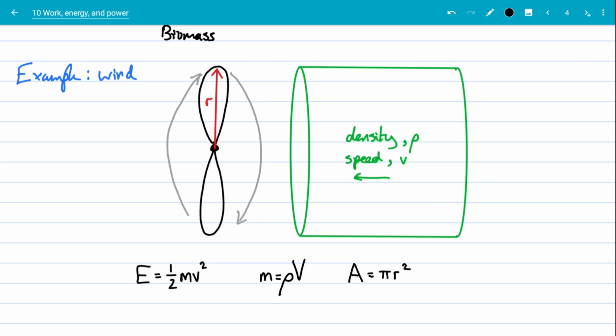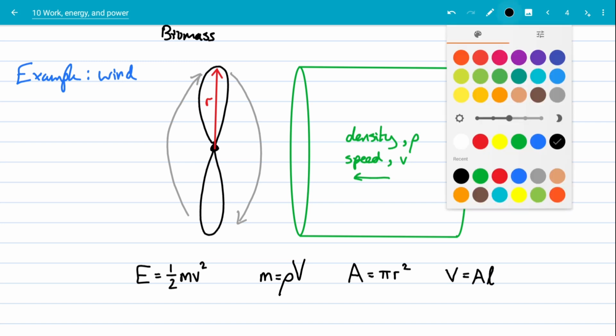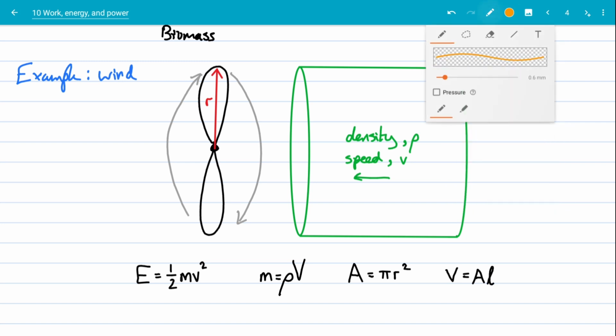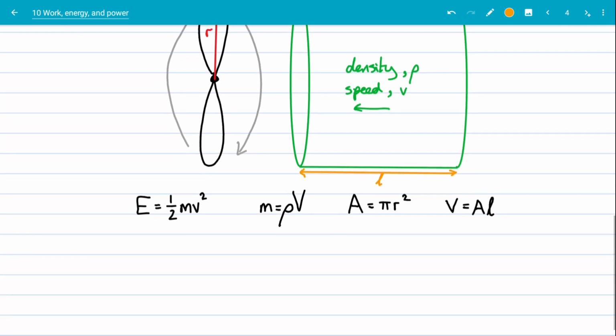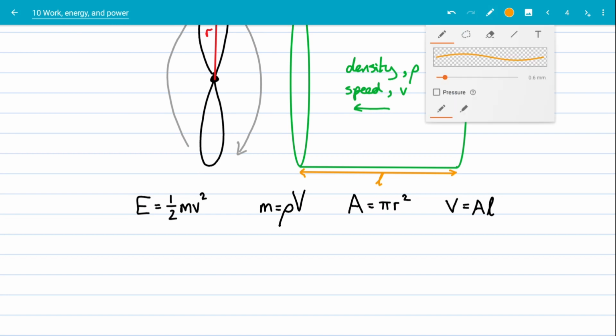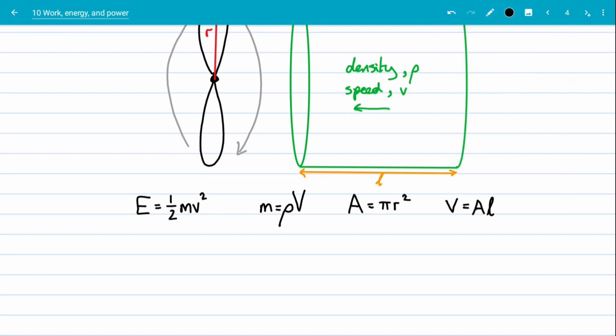So the only difficult thing is knowing that the volume of the air is equal to the area multiplied by the length of that column, and we don't know what the length of this column is. But we do know that it's travelling at a certain speed, which means it travels a certain distance in a certain amount of time. So let's go back to my black pen.